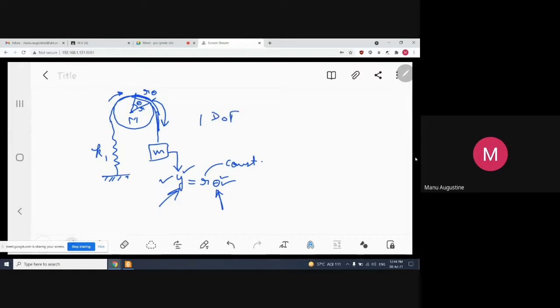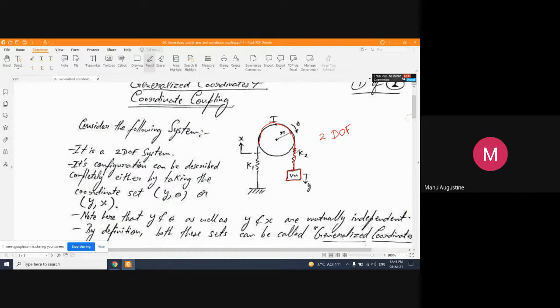Now, what we are having in our hands right now is that we have put an additional spring between the disk and the second mass. Now what happens is, even if the disk is not rotating, this second spring could individually go through an extension and give a particular displacement y to m.